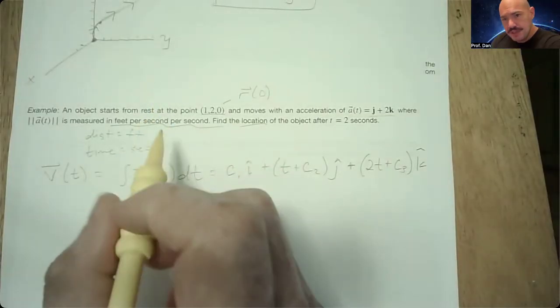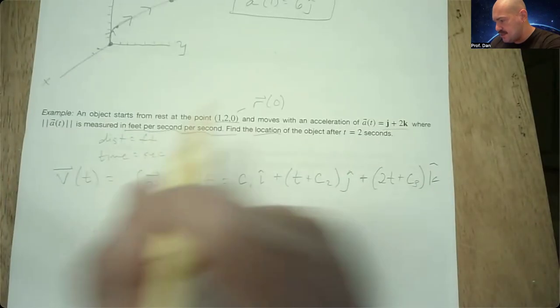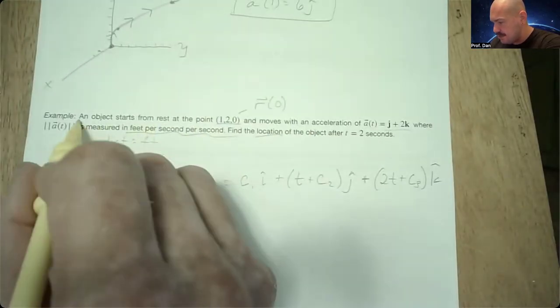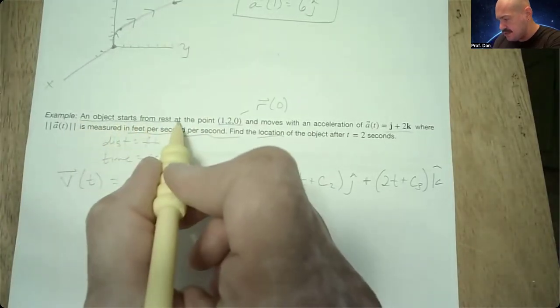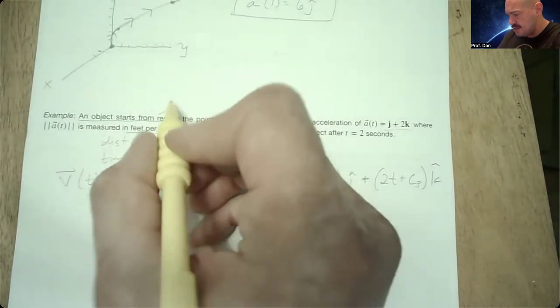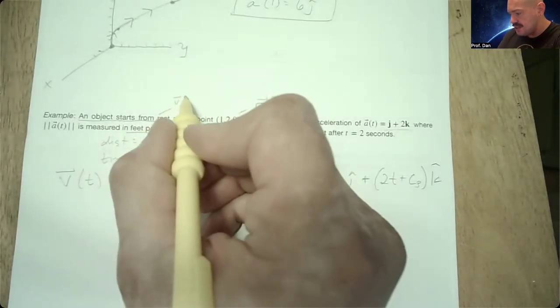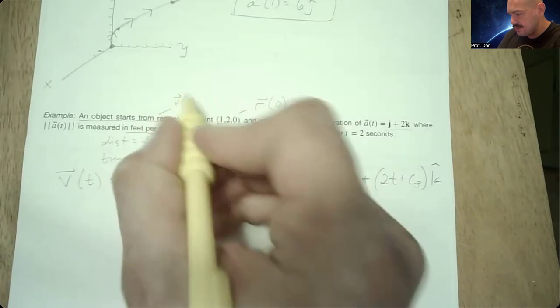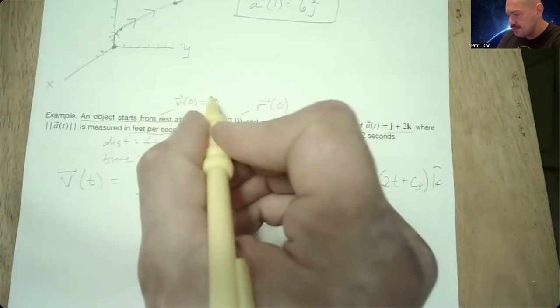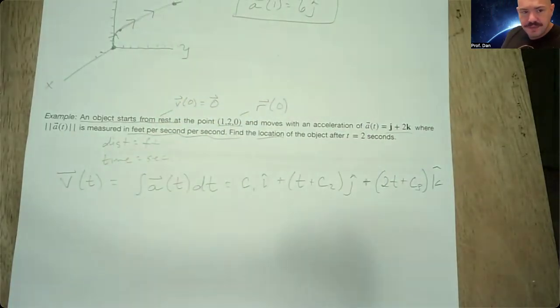Now, another piece of information we were given here that may not seem very obvious at first is that we were told the object starts from rest. What that means is that the initial velocity is equal to zero, the zero vector.